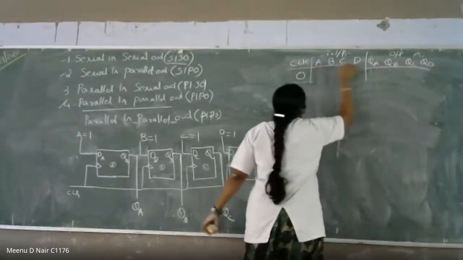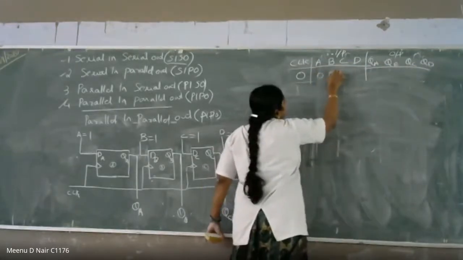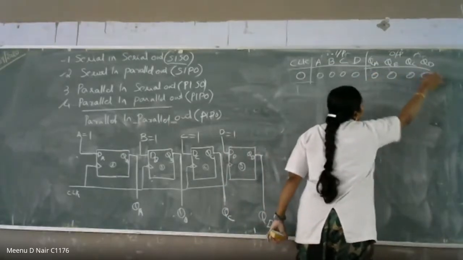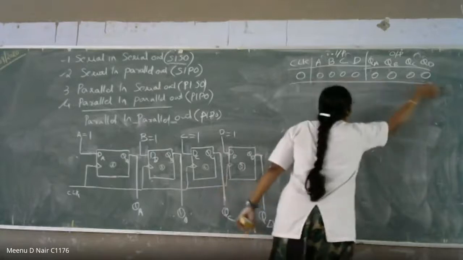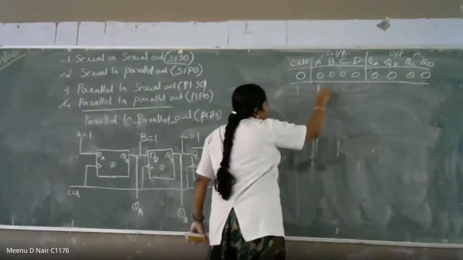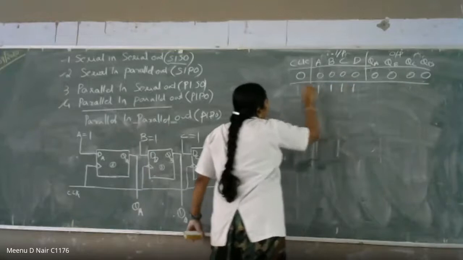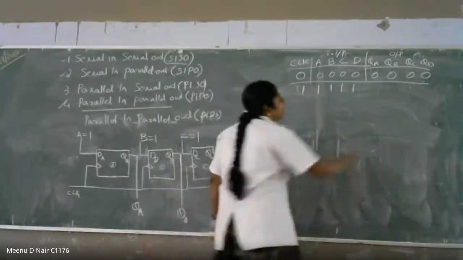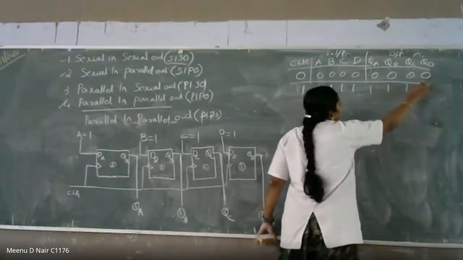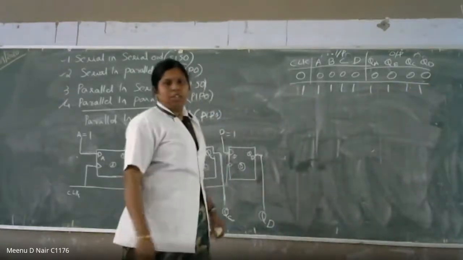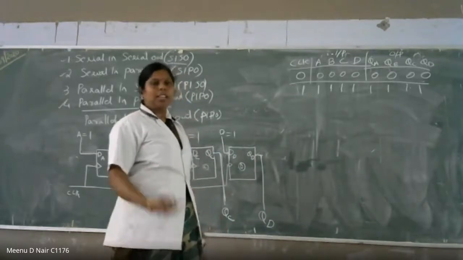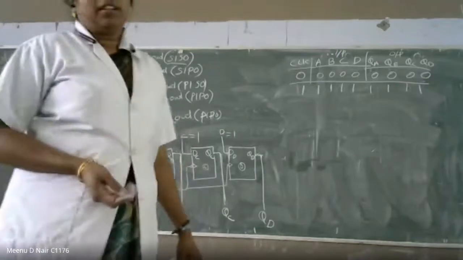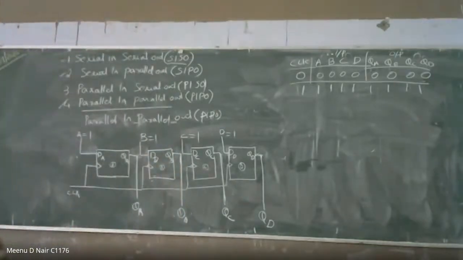In the initial condition, all of them were 0: QA is 0, QB is 0, QC is 0, QD is 0. You are giving A, B, C, D as 1. After the first clock pulse, all the flip-flops will produce the output 1, 1, 1, 1. Do you understand? It requires only a single clock pulse to give the complete output. That is parallel in, parallel out.